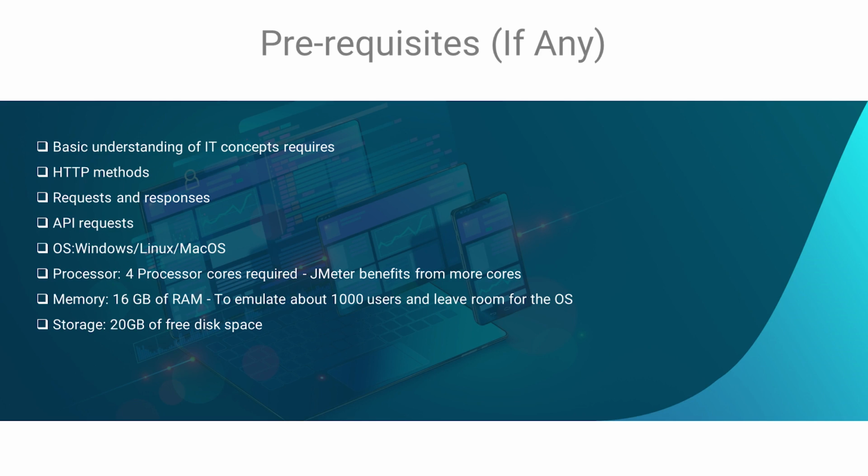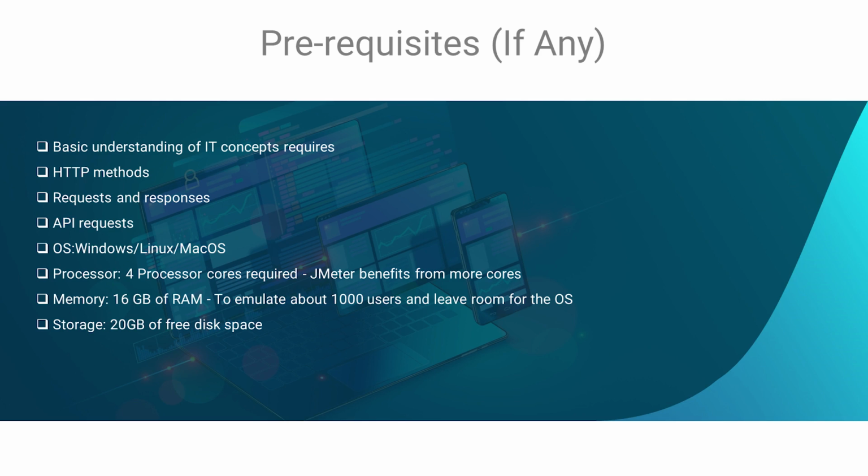And then when it comes to operating system, it doesn't really matter, since JMeter is a Java application which can run platform independently. A 4-core processor is required, but the more cores you have, the more virtual users you can spin up. And the 16 gigabytes of RAM should be able to emulate about 1,000 users and leave some room for storage as well.